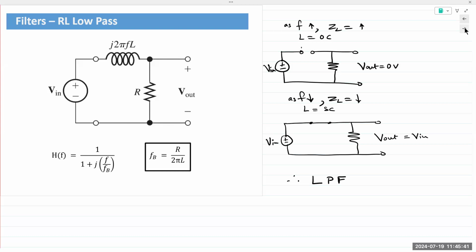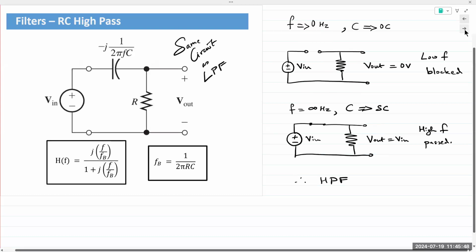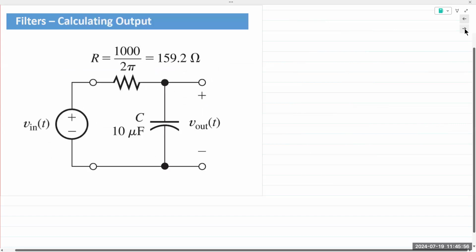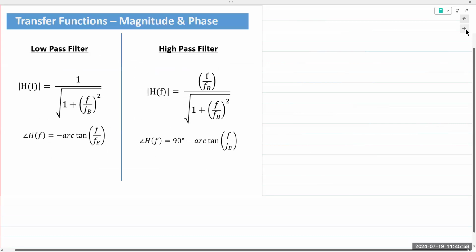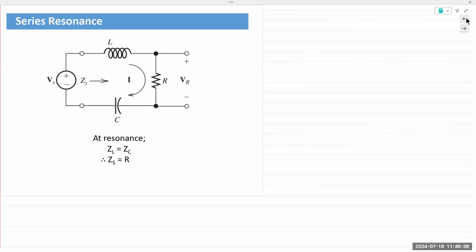Now, what if we combine all of these together? If we combine all of these together, we get what is known as a resonant circuit. So we had an RL filter, and we had a capacitor.